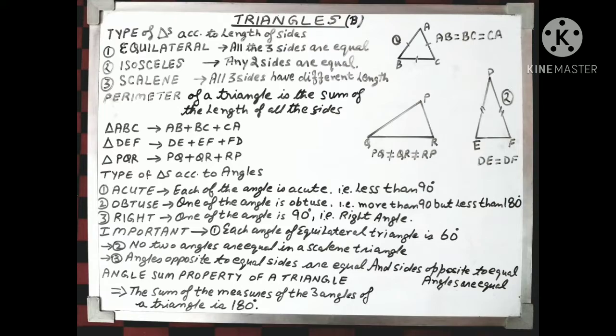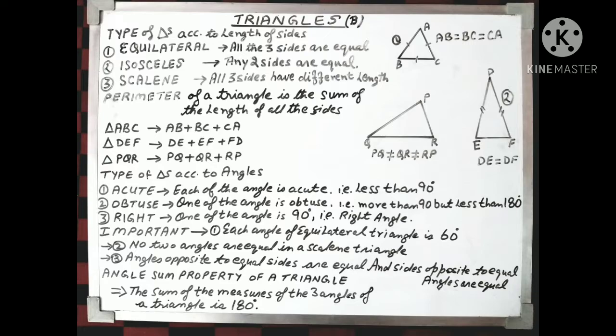Now see this second slide. Here we will try to understand the types of triangles. We can classify triangles in two ways. The first is according to the length of the sides, and we have three types.